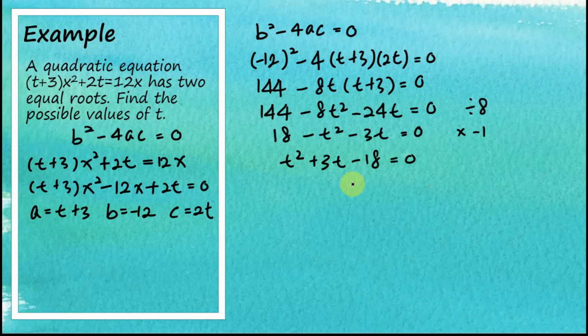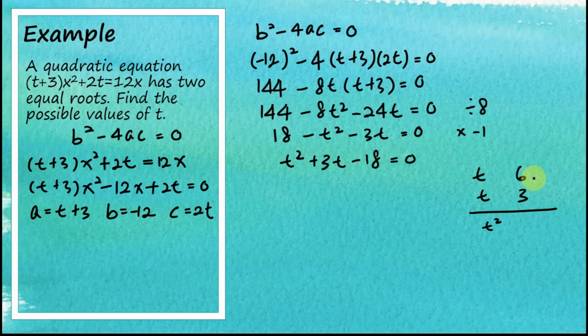Now in this case, I'll try factorization first, okay? So to obtain t squared, we have t multiplied by t, so we have t squared, and to get negative 18, the factors of 18 are 3 and 6, let's say, 6 and 3.